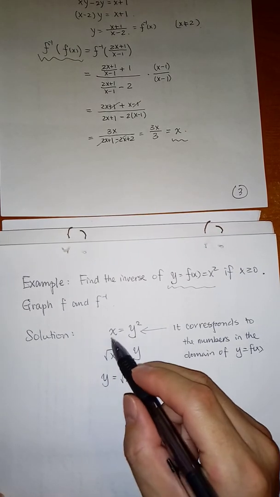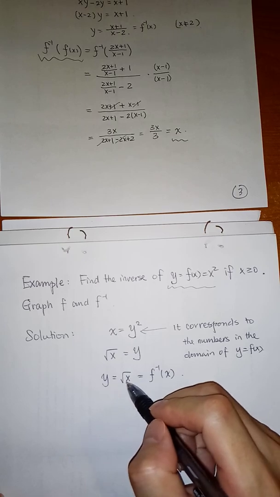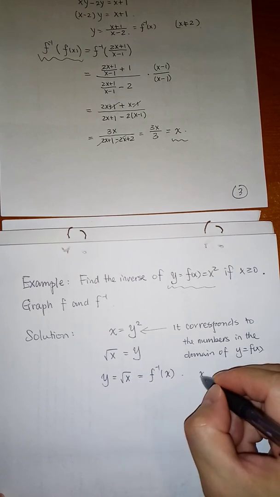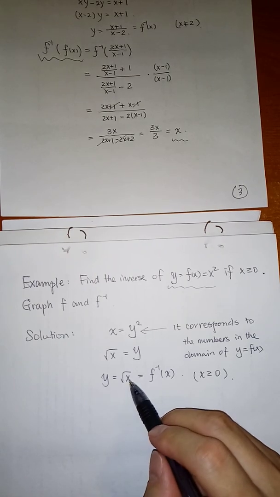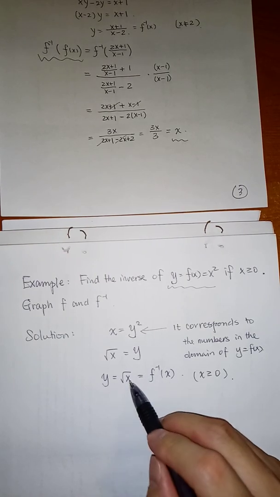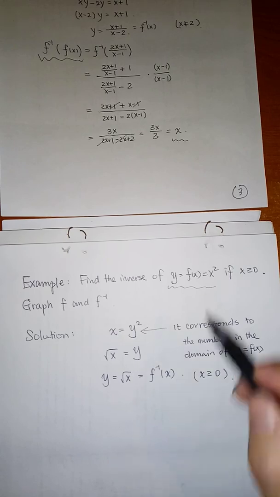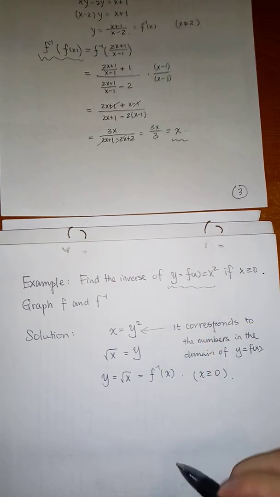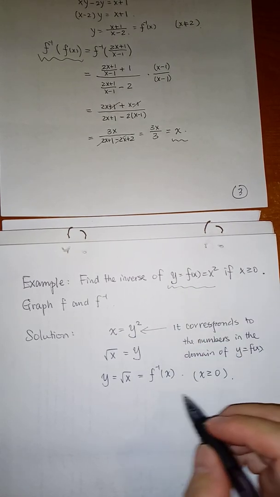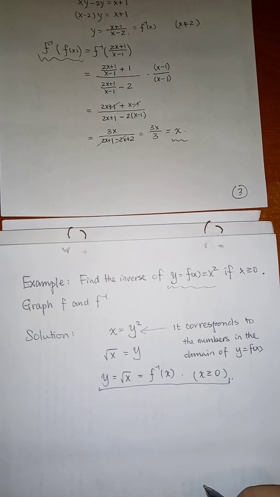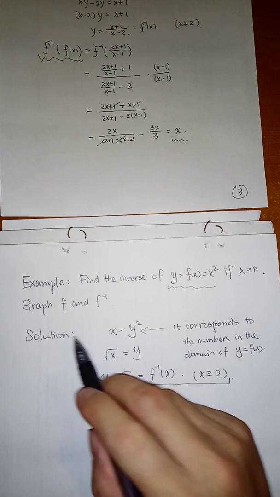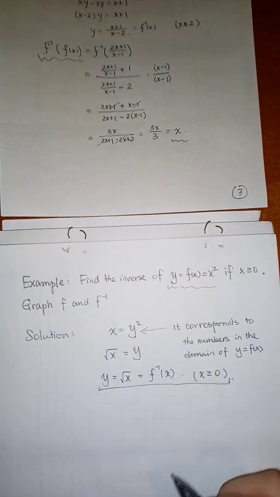And of course, here you take the square root, this x is greater than or equal to 0. This x is in the domain of f inverse. The domain of f inverse is the range of f. It's also positive. So that's the correct answer. And sketch the graph of f and f inverse.